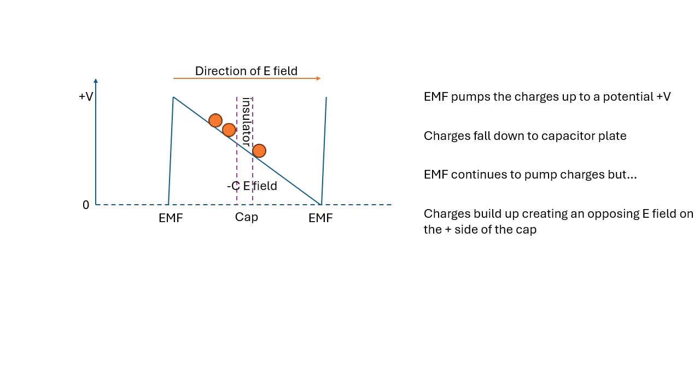This build-up of charges starts to create an electric field. We'll call this side the positive side of the capacitor. The electric field is going to be the opposite of the direction of the electric field created by the EMF.